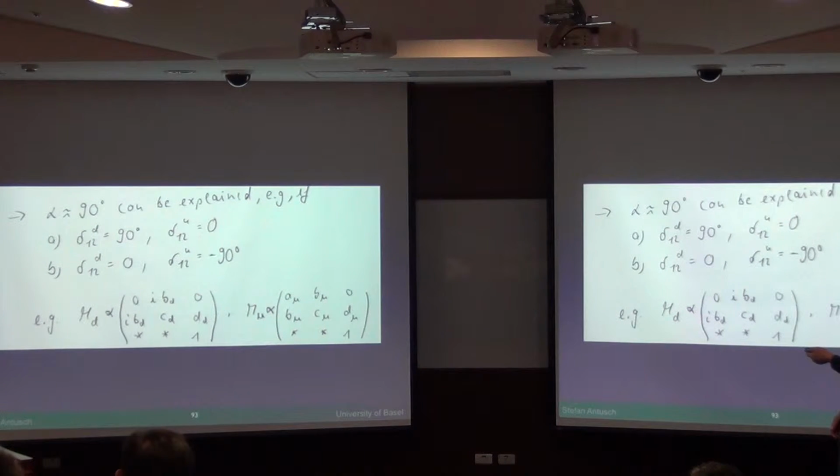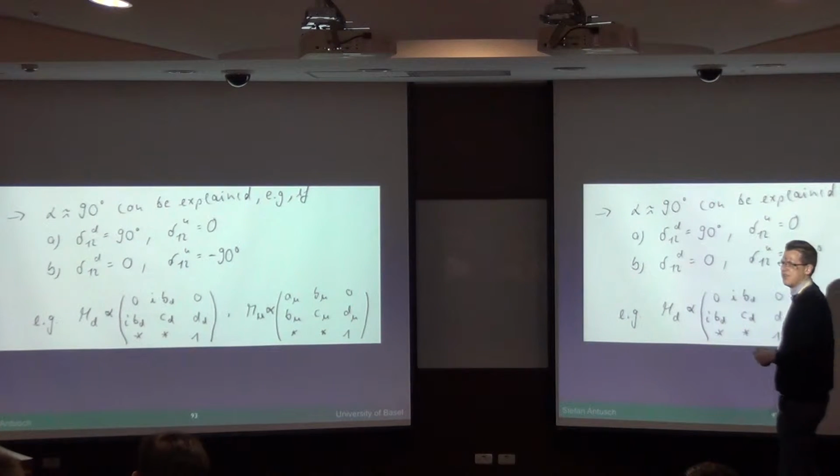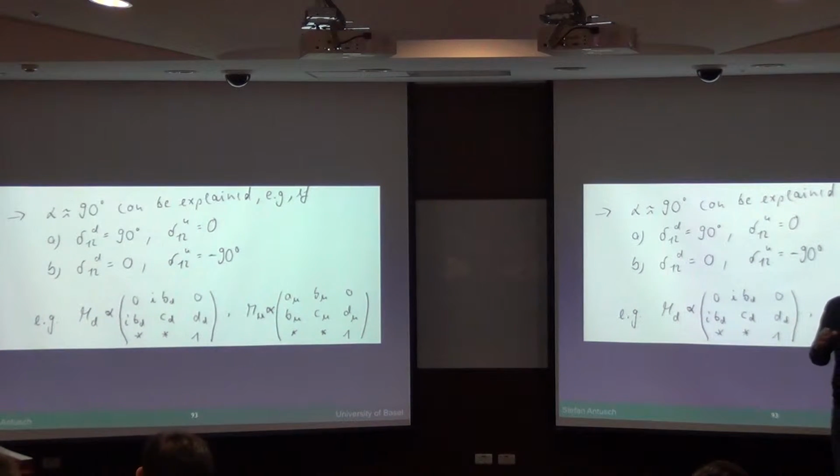Such a phase of 90 degrees just means that the corresponding elements are purely imaginary, whereas the other elements are purely real. So you can also explain CP violation nicely. When you have this alpha equal 90 degrees, then you're not exactly predicting the right Dirac CP phase in the quark sector.